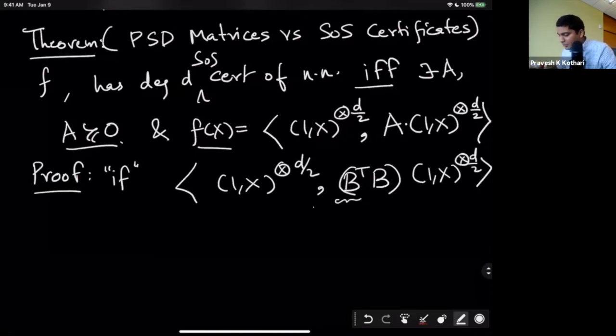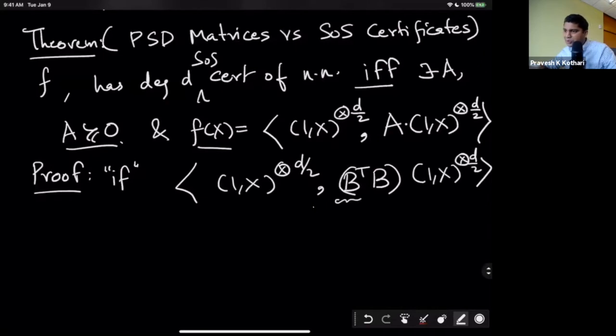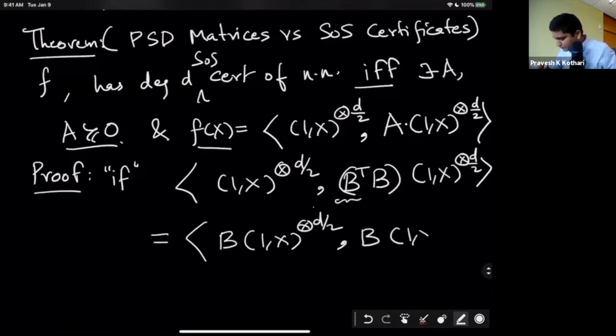If you remember your basic linear algebra, once I take B transpose to the other side, it becomes the transpose of it. So this actually equals, by basic linear algebra, the transpose of B transpose, which equals B. Okay, so what we've written down is basically a claim that f(x) actually can be written like this.